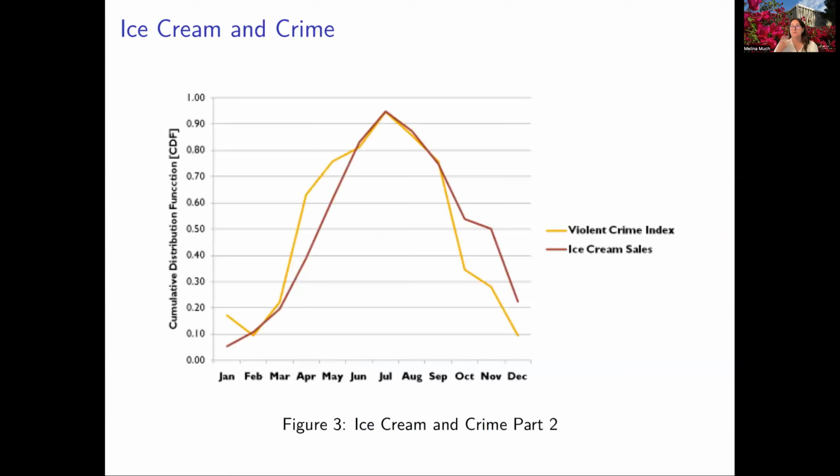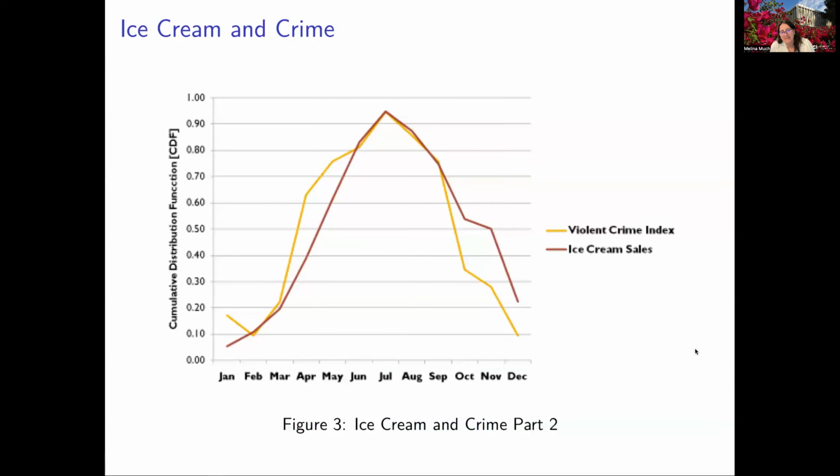And that becomes a lot more clear in this picture, right? In this picture, we're still looking at a violent crime index, a murder rate, they're sort of proxies in this example, and ice cream sales. So we have both the red and the yellow line, but we also have this third variable more clearly shown, which is the month in which this is happening.